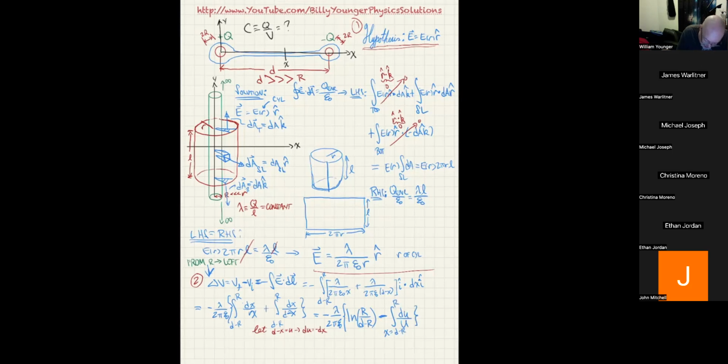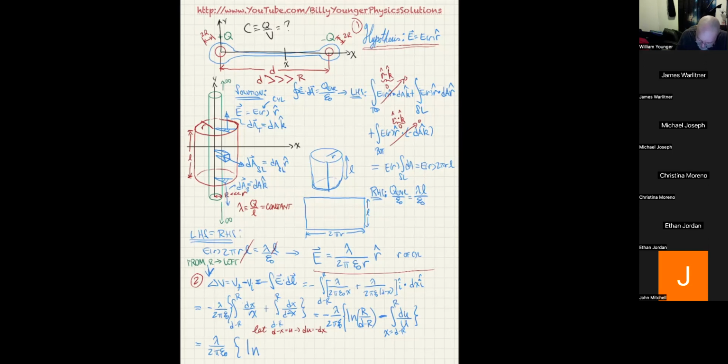Now, I'm going to flip the order of these integrations just so I can get rid of one of these negatives, because I hate negatives. So this is going to be lambda over 2 pi epsilon naught. Now that one that was negative is now positive, and that's going to be just basically the ln of u. Now the ln of u is going to be the ln of d minus x, basically.